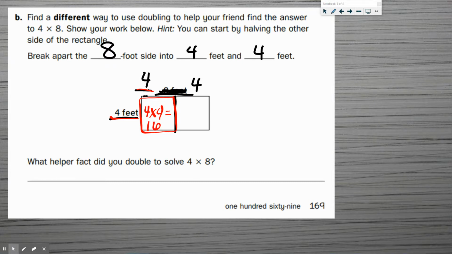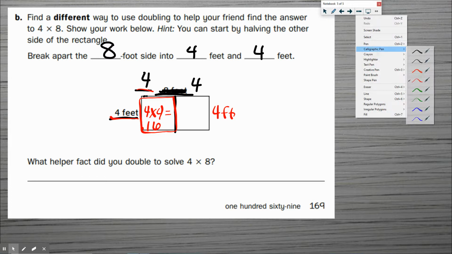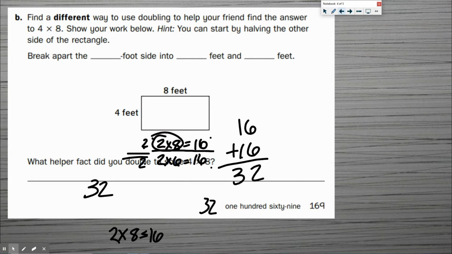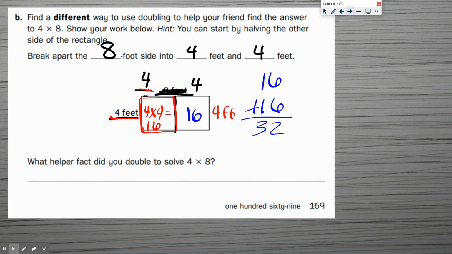Now, I split this in half, so I already know that this is 4. So my area of this side is the same thing as the other one. So the area on the right side is going to be 16 as well. So I can do 16 plus 16, and that equals 32, just like it was on the page before. Same problem, we just solved it a different way.